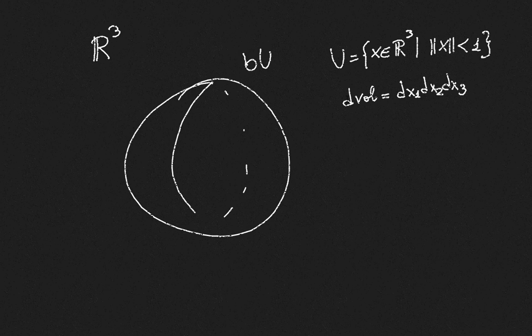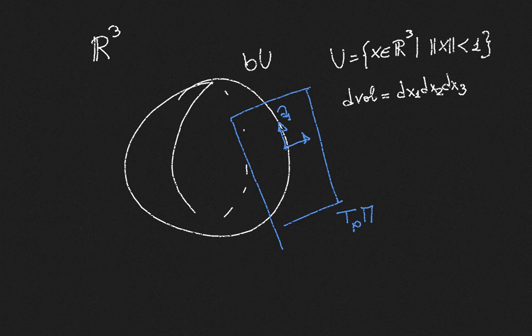Now, what happens? When we orient the boundary of the sphere, it means that at each point, on each tangent space, we can define a positively oriented basis of the tangent space. So let's say we have D1, D2, which is okay.